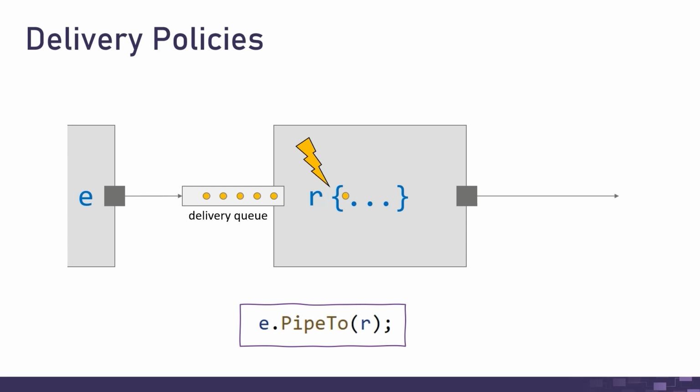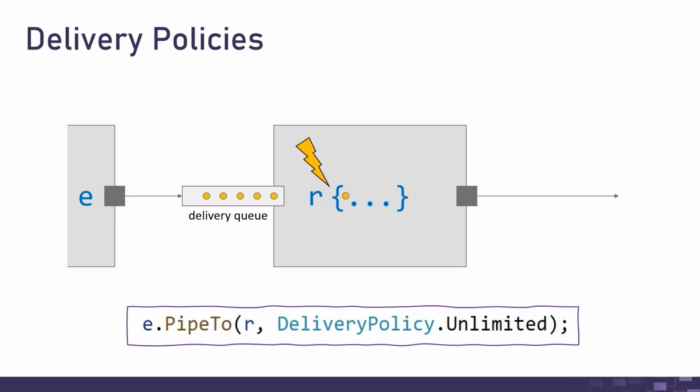If you simply pipe an emitter to a receiver without specifying any delivery policy, this generally amounts to using an unlimited delivery policy, where the queue is allowed to grow indefinitely as messages arrive and await processing. While this ensures lossless delivery of messages, if the receiving component is not able to keep up, its output will become increasingly delayed with respect to originating times.